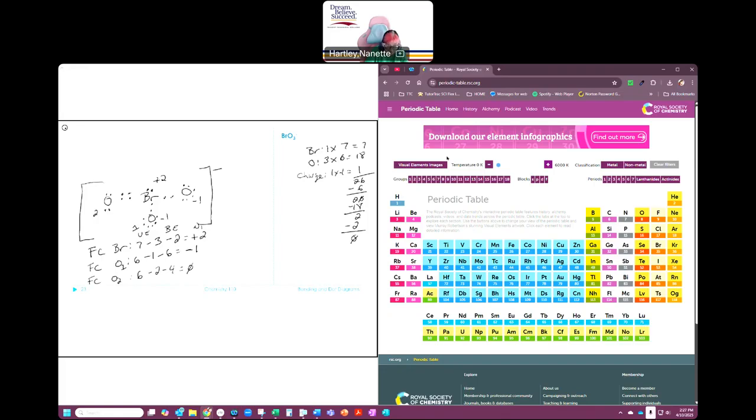But that bromine in the middle looks completely different than it did, right? So it has the 7 that it wants. But it now has half of the bonding, so 1, 2, 3, 4. And then its lone pair is minus 2.